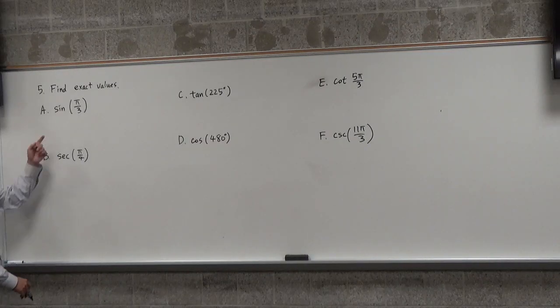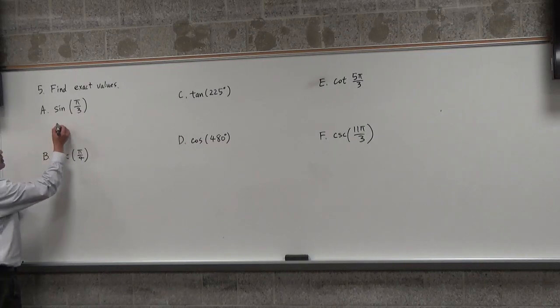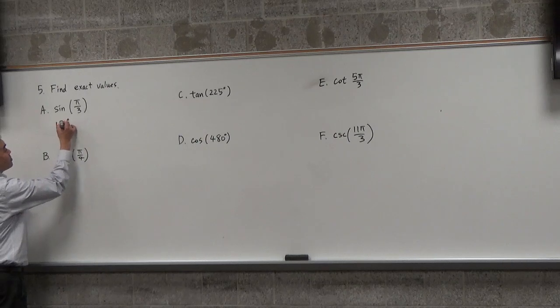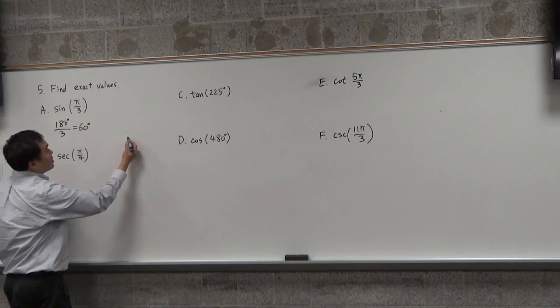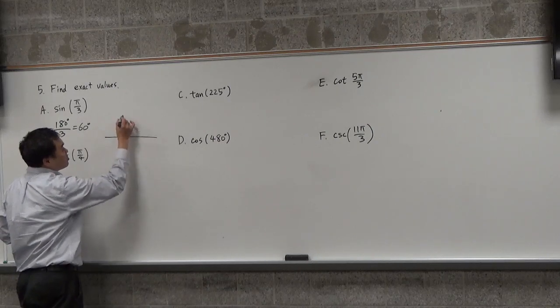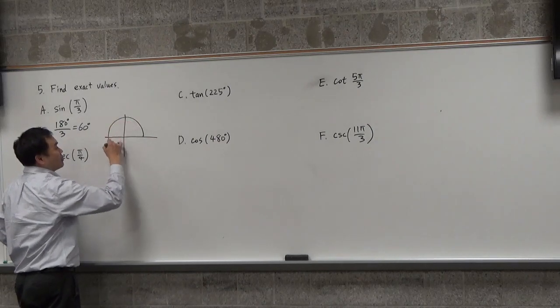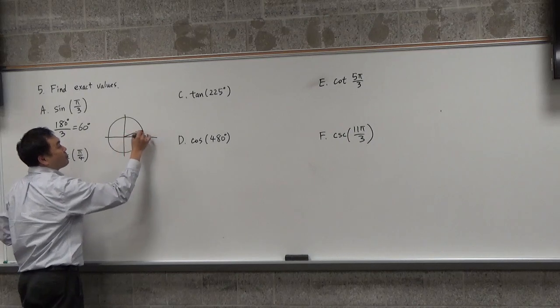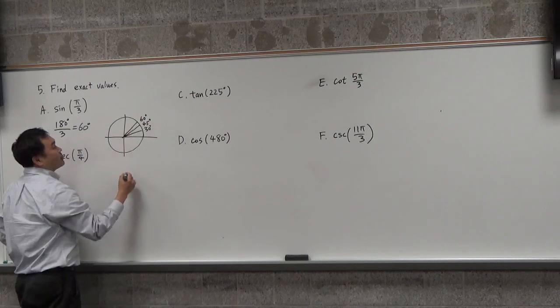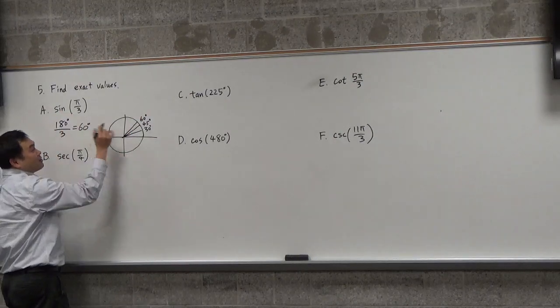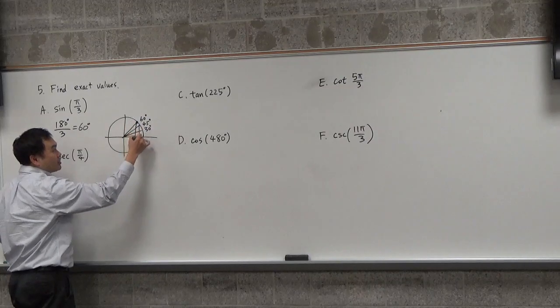All right, sine pi over 3. Pi is 180 degrees. So if you divide by 3, that's 60 degrees. And I want you to be using the unit circle for all this. Big old thing. So here you have 30, 45, 60. And then remember the sine is the y coordinate, so it's the height, right?